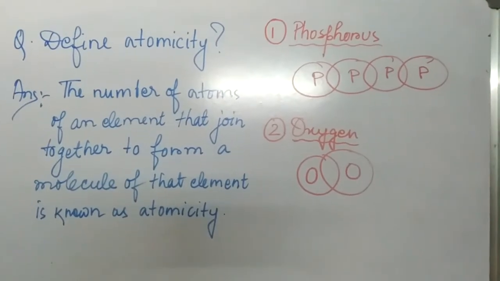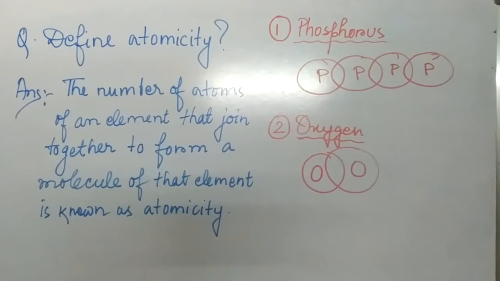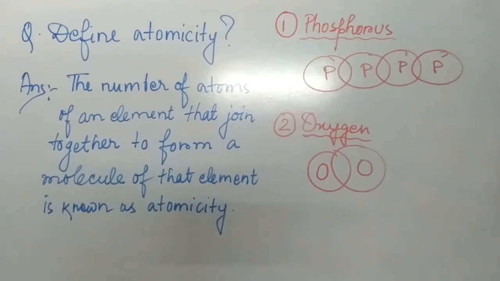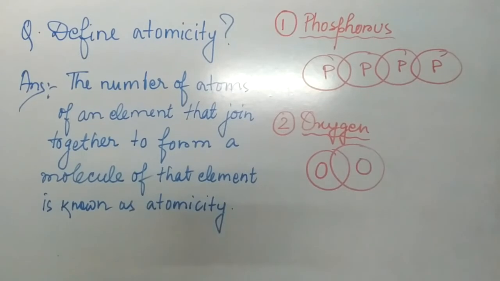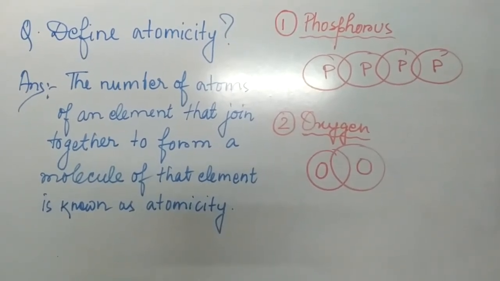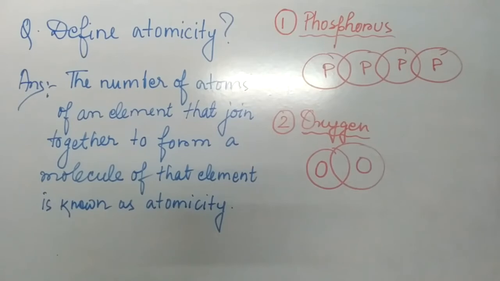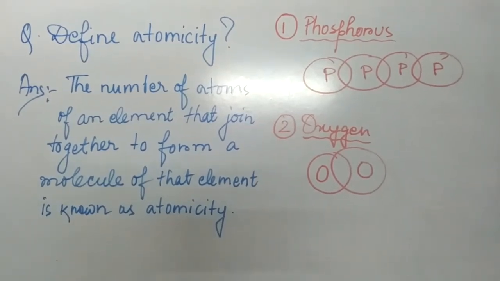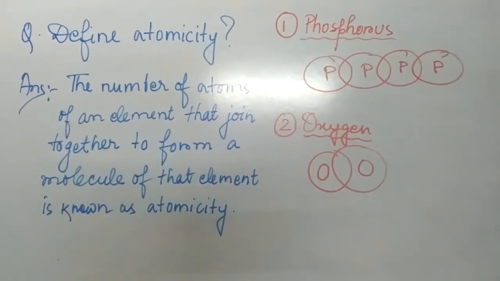Next is, what is atomicity? Now, atomicity means, students, the number of atoms of an element that join together to form a molecule of that element. Okay? Now, what is happening? Let us see.